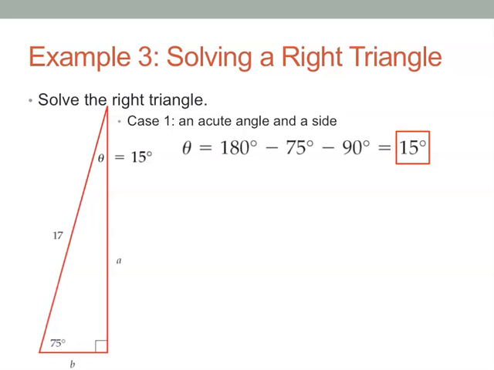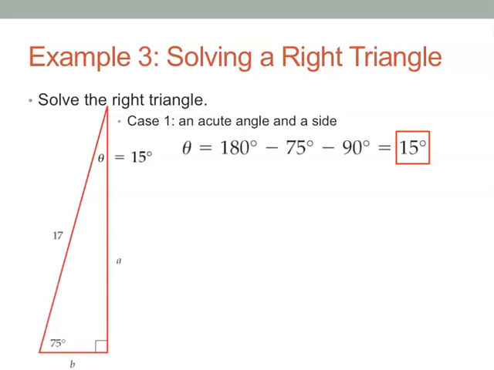I'm going to say that we're going to use the 75-degree angle, and I would suggest using that just in case you messed up in the first step, right? You don't want to have subtracted incorrectly in the first step and be using the wrong angle measurement to get that final answer for A. So to be on the safe side, use information that was given to you in the problem.